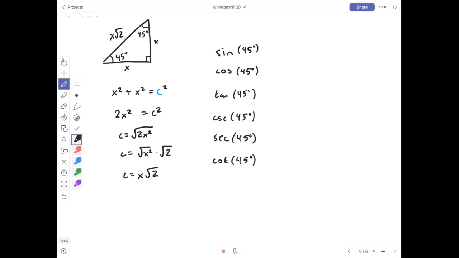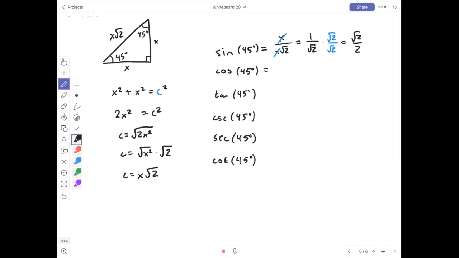And the opposite over the hypotenuse will equal x over x root 2. So cancel and cancel. So that equals 1 over root 2. So that equals, when I times to get the radical out of the denominator, root 2 over root 2. That equals root 2 over 2.